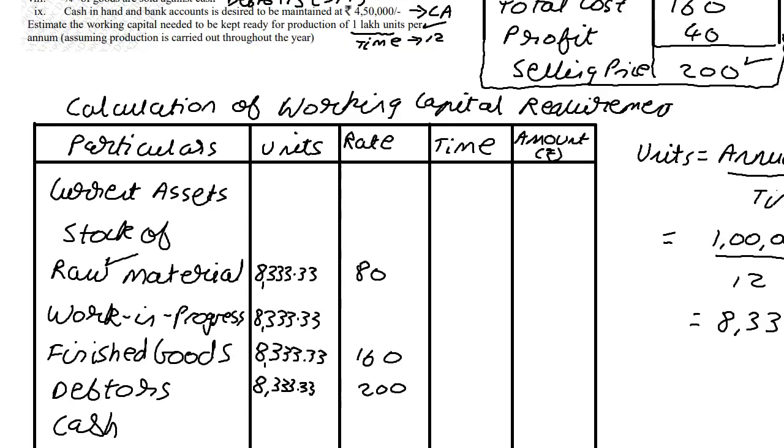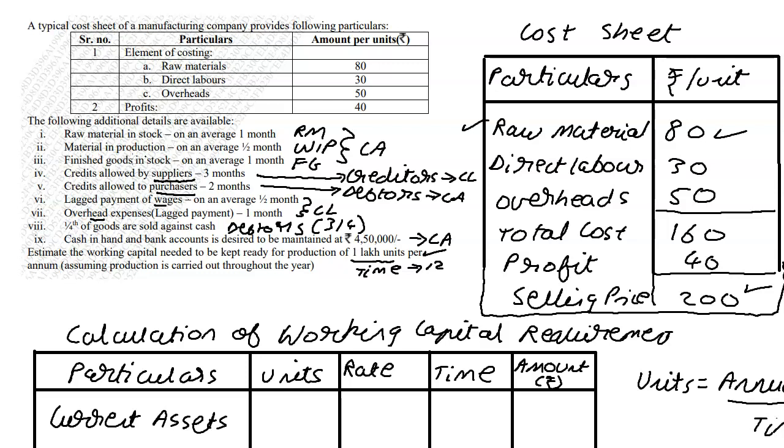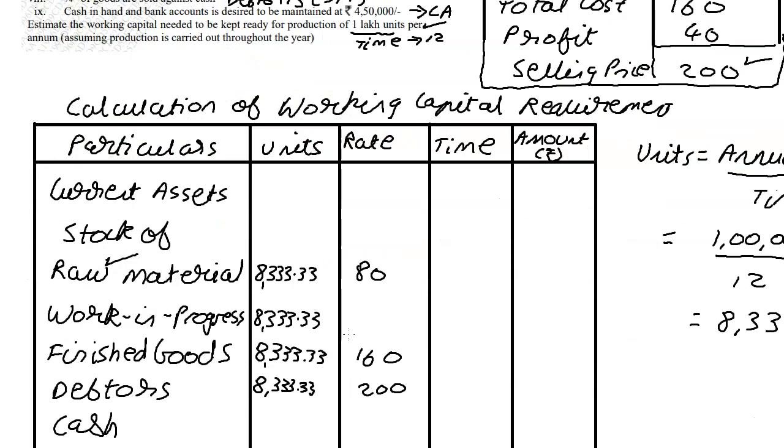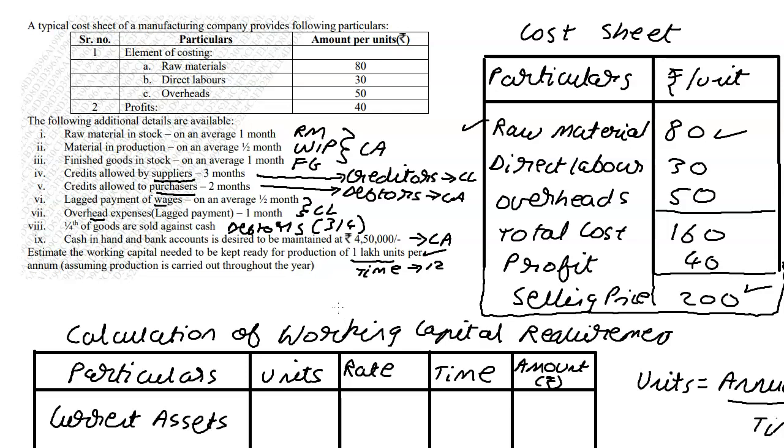I need to go ahead and calculate work in progress. What have they said about work in progress? It's there for half a month, that is time, but no other information. So we know the formula for work in progress. Let's see, do we have space? I'm going to do it over here. You all should keep it in a working note somewhere. Work in progress is equal to raw material plus labor plus overhead upon 2. Our raw material is 80. Our labor is 30.